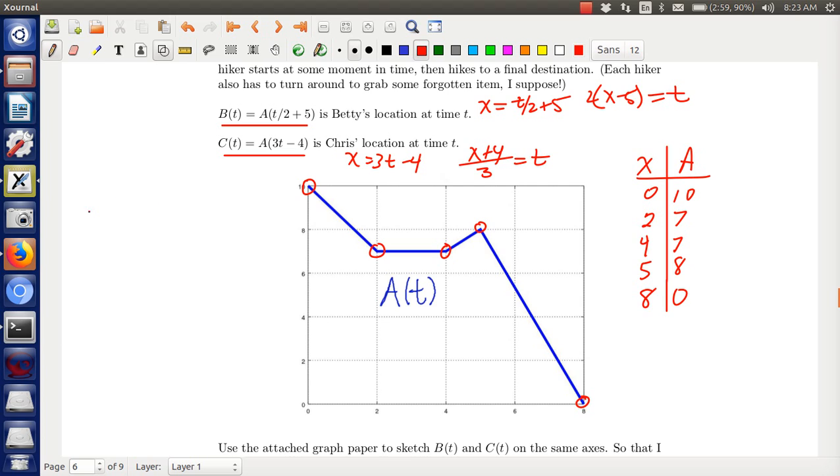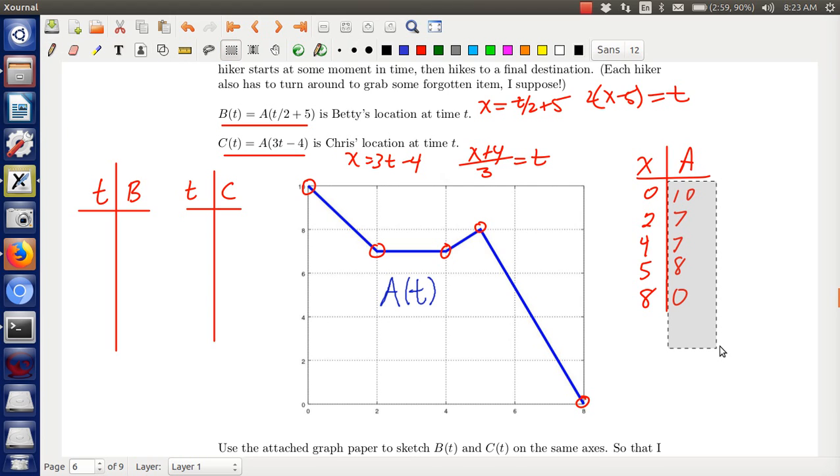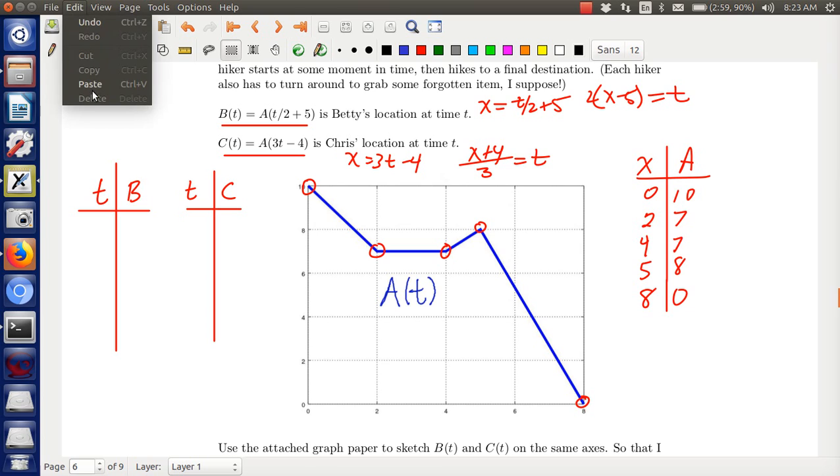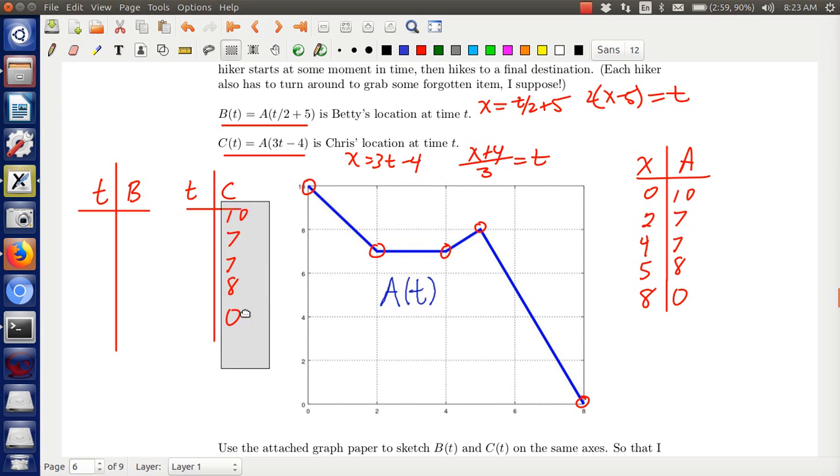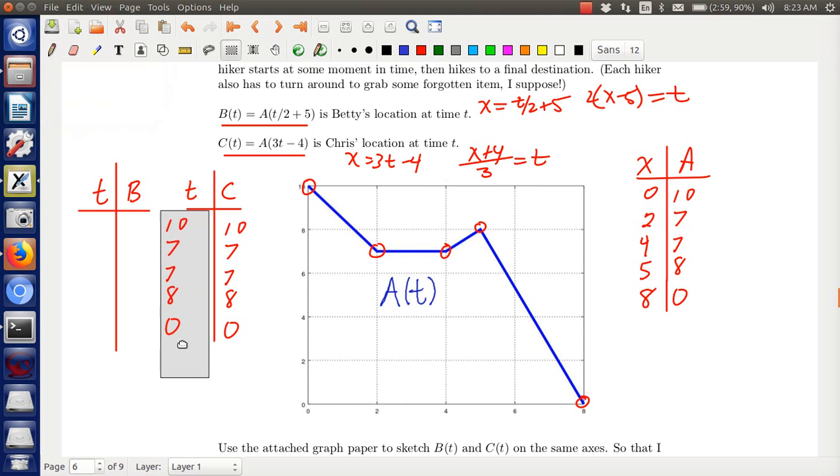So what we can do is make up these tables. And in this table, I'm going to call these t's again. Because A means that there's no stretching, there's nothing happening on the output side, literally nothing, I can just paste these values right in here. That's typical for these hiking graph problems, because the people are theoretically hiking on the same plot of land, so the locations have to start and end the same. It's just that we're changing the relative speed and the starting time.